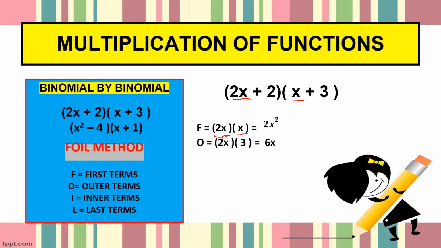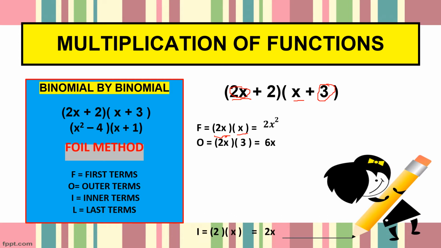And next, for your outer term, we have here 2x times 3 equals 6x. Outer terms mean the one on the far left and the one on the far right. So, again, that is 2x from our first binomial and the far right is 3. That's why we have 2x times 3.